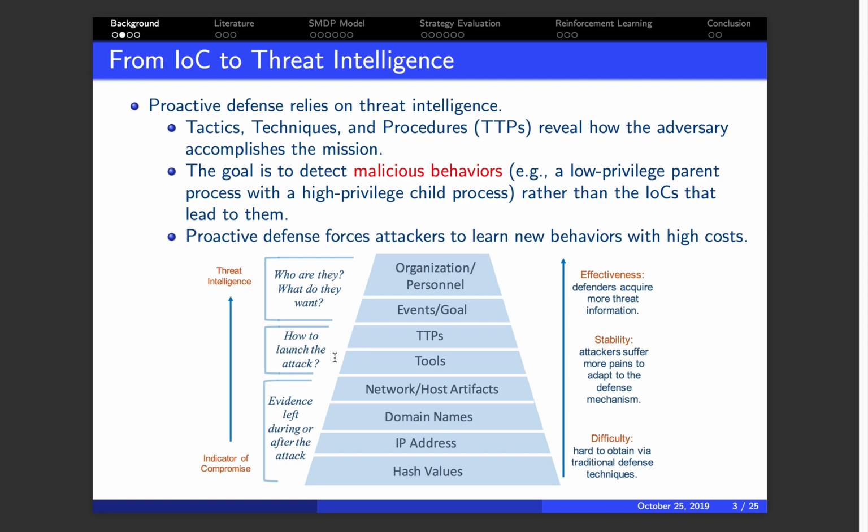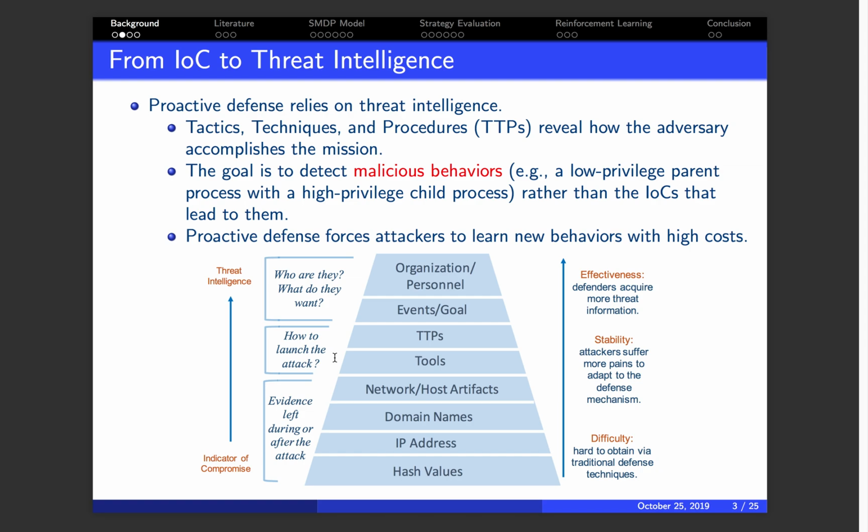For the higher layers of this pyramid, we have high-level information such as how the attackers launch the attack, what their goal is, and who they are. These are called threat intelligence, which is very useful for proactive defense.